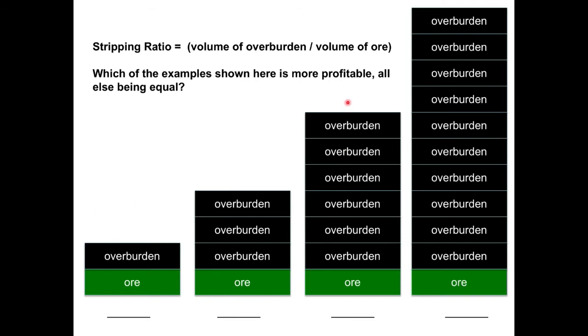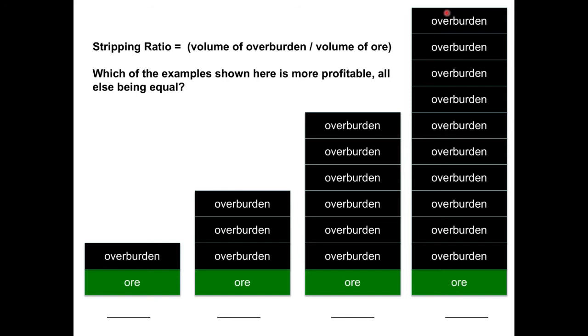And in the case on the second to right from here, we're extracting again the same size of the ore body, but we're extracting 6 times the amount of overburden as ore rock. And then the case on the right, we're extracting 10 times as much overburden as ore.